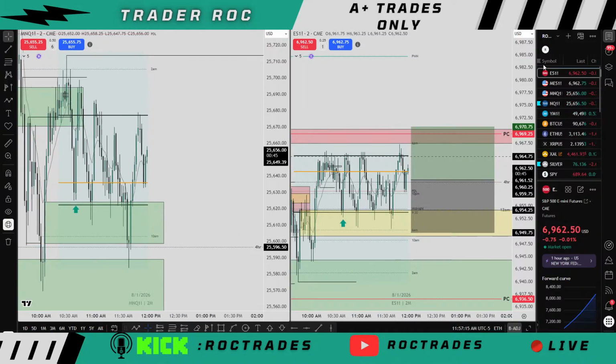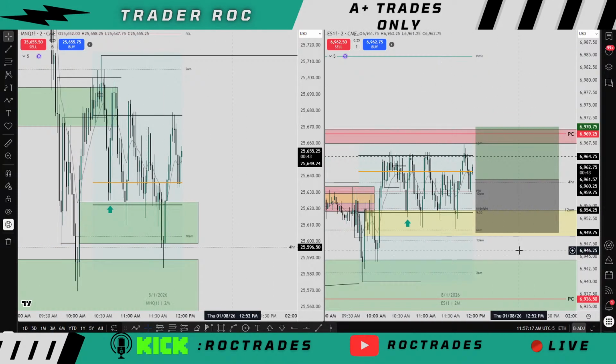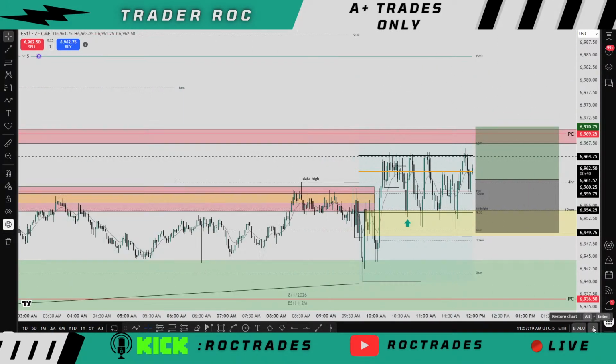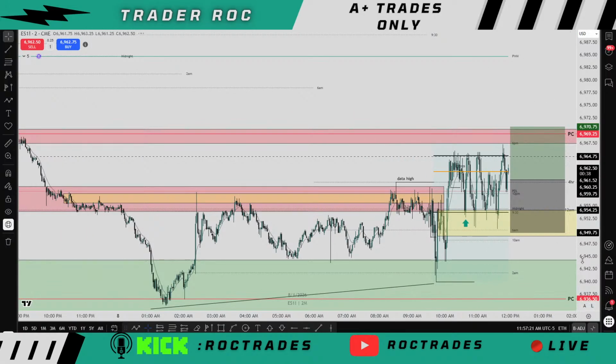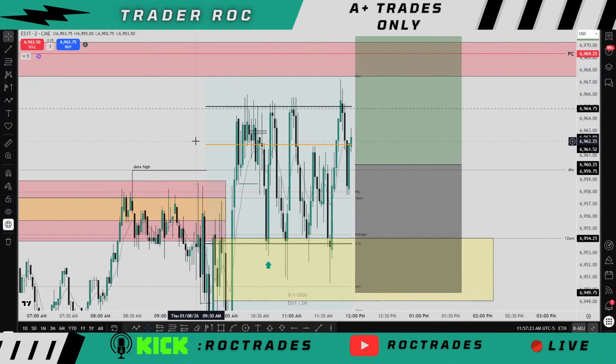We got a point of control here on ES, lower time frame. Value area low, right? You see this black line that matches up with the point of control. These black lines and the point of control work together to give you an idea of where volume is strong. So you see the value area high holding up.